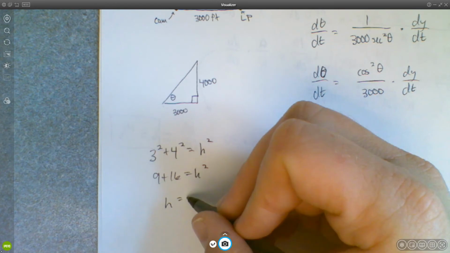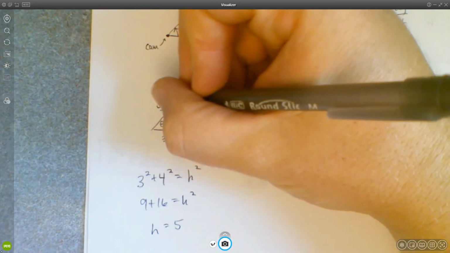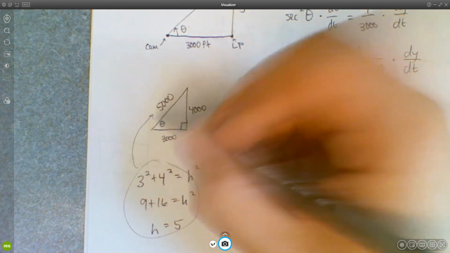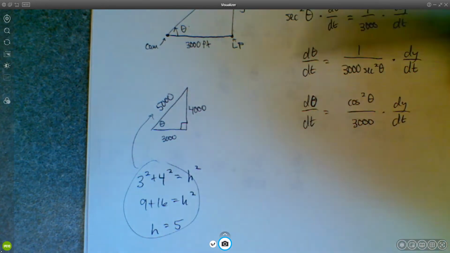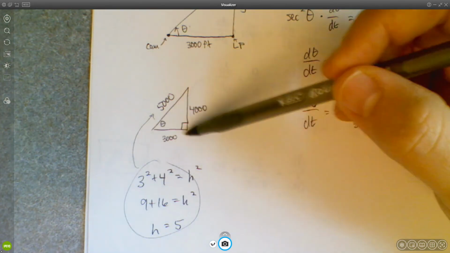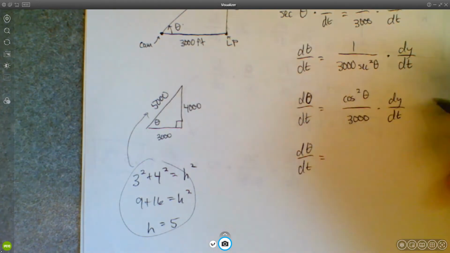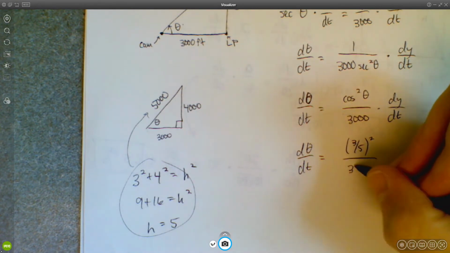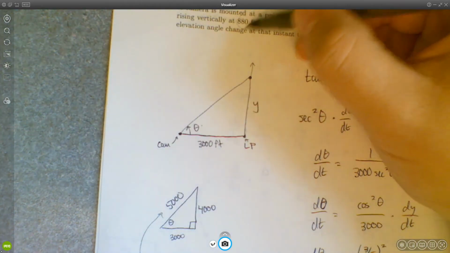So h is 5,000. So from this I'm getting the 5,000 there. So what's cosine theta? Cosine theta would be 3,000 over 5,000, or in other words, 3/5. So d theta dt is 3/5 squared over 3,000 times dy dt, which is 880.